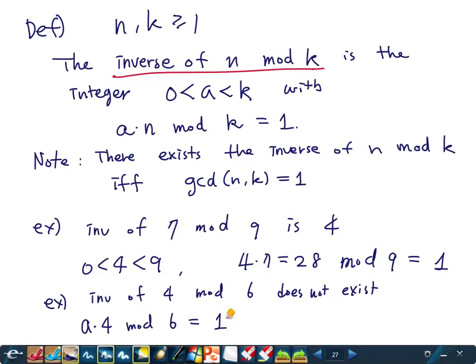No, because 8 times 4 would equal 6 times k plus 1. But this is even, this is even, this is odd. We cannot have this. So if this is not 1, it must be a multiple of the greatest common divisor. So if the greatest common divisor is not 1, we cannot find the inverse.